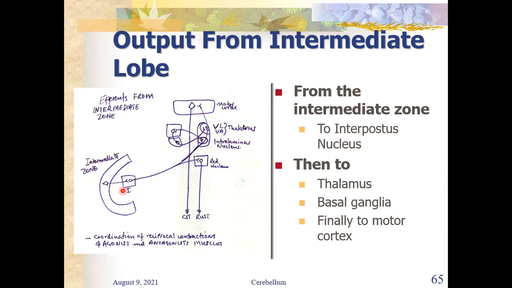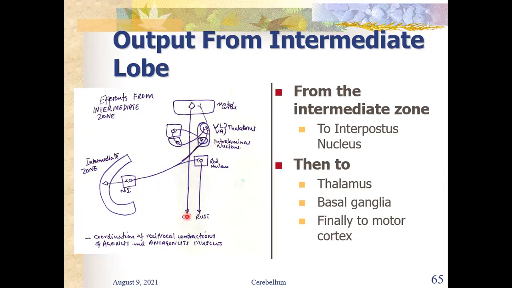So from the interpositus nucleus, the impulses move to the thalamus, to the basal ganglia, and then to the motor cortex. They can also send collaterals to the red nucleus, and then descend as the rubrospinal tract. And from the motor cortex, it can descend as the corticospinal tract.